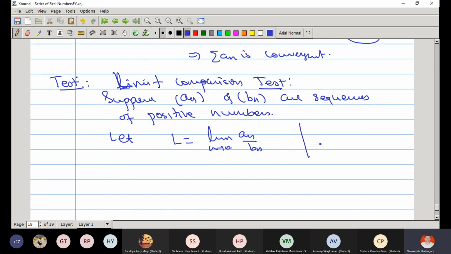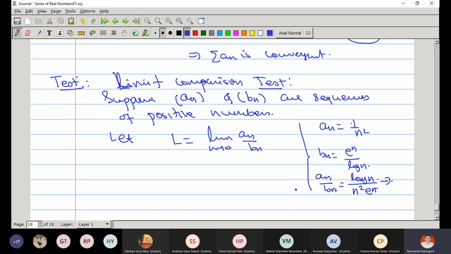Suppose you have a sequence an is equal to 1 upon n square and bn is equal to e raised to n upon log n, like this. Then what is an upon bn? An upon bn is log n upon n square e to the power n. So this is again a sequence, right?